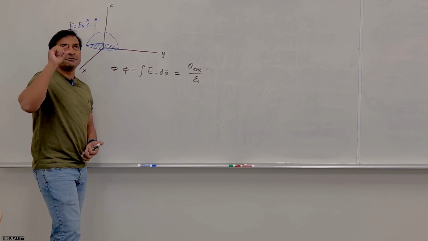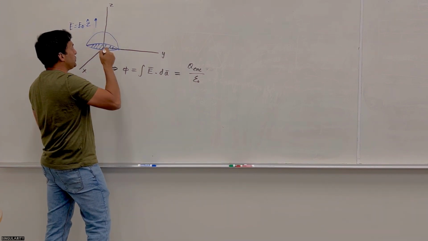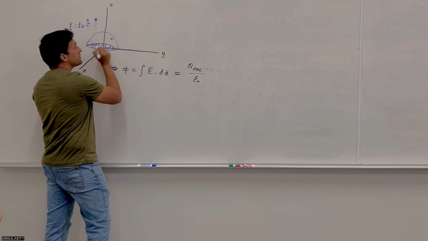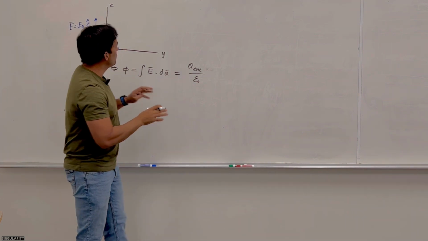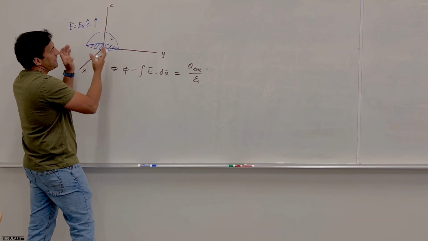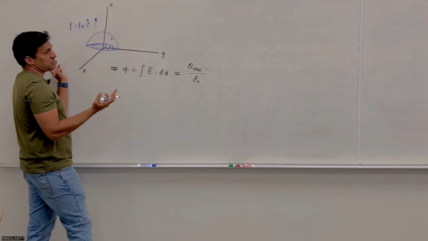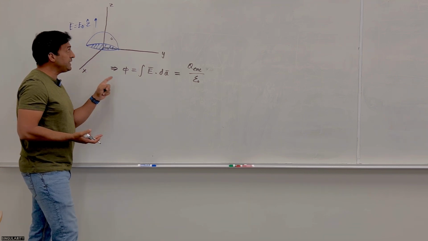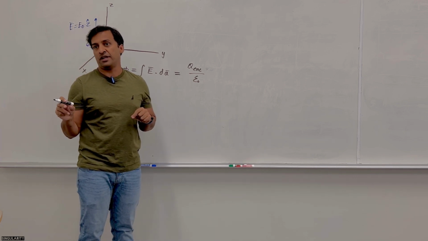But if we make the small area elements, dAs, that I'm going to divide this surface into, let's say this is one small area element of this surface. I can divide this entire surface into infinitely many small area elements, and then I can add them to get the total area. If we do that, each small area element is actually flat.